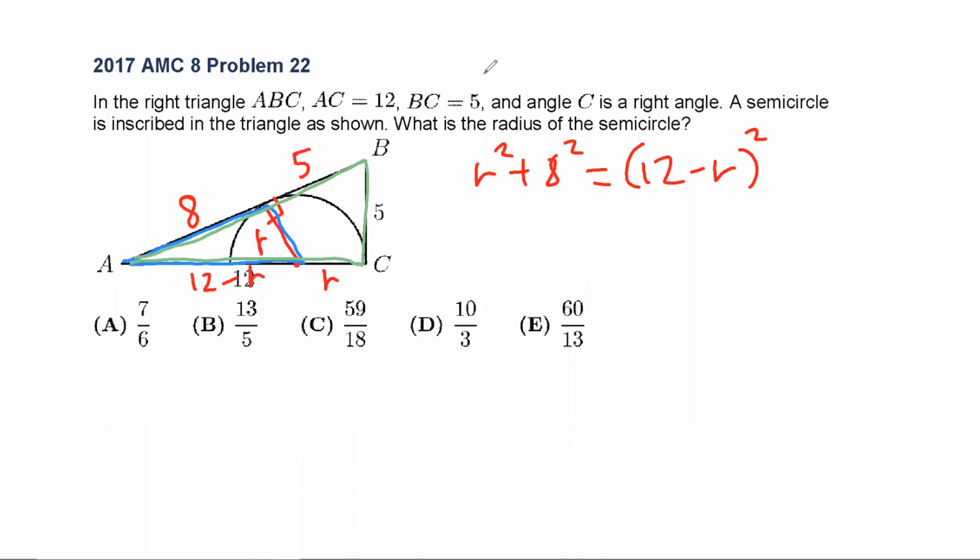So if you use similar triangles and set ratios equal, you'll get that r divided by 5 is equal to (12 minus r) divided by 13. Both of those are valid methods, and both will give you r equals 10 over 3.